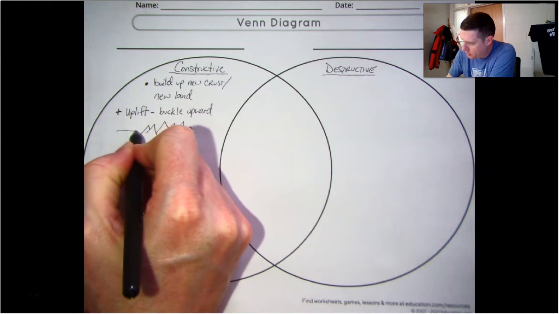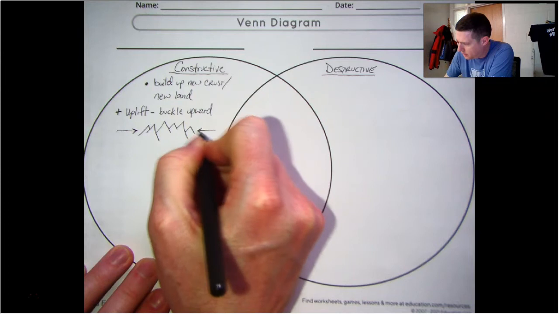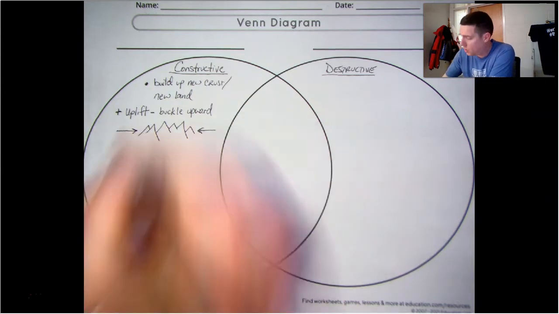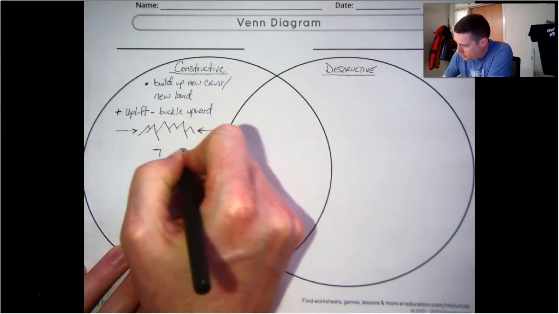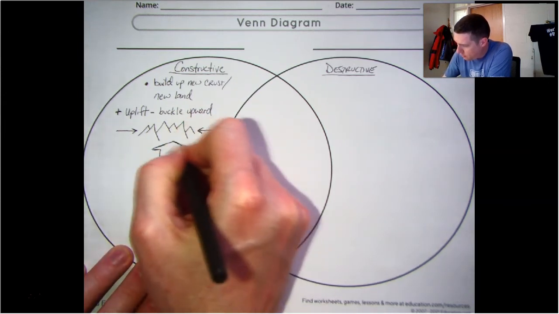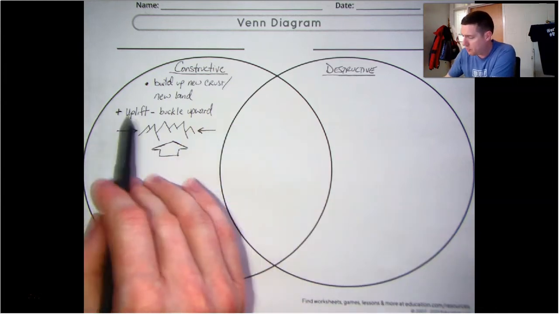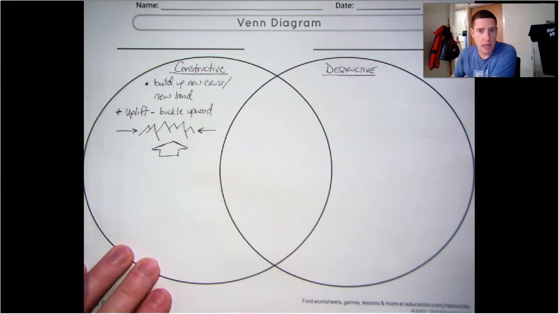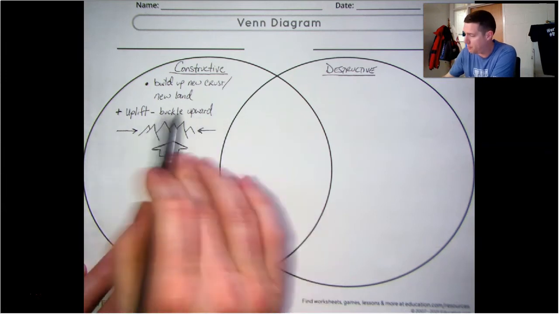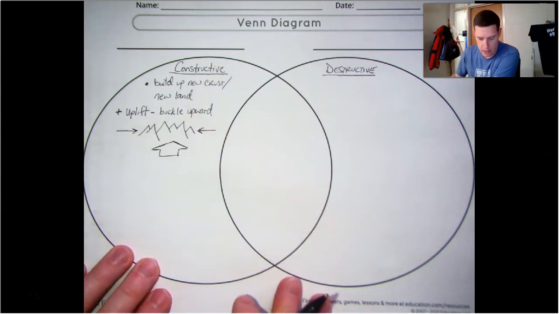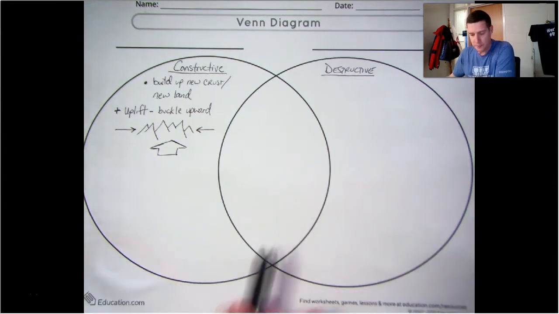Usually it's from compression from the side, but you could also get uplift from forces underneath. So uplift can be caused by these types of force directions, but it always results in the building up, the buckling upward, of new crust and new land. So uplift is always associated with constructive forces.